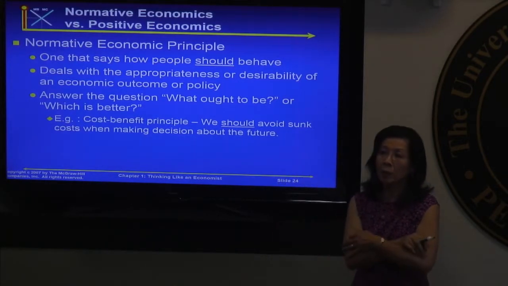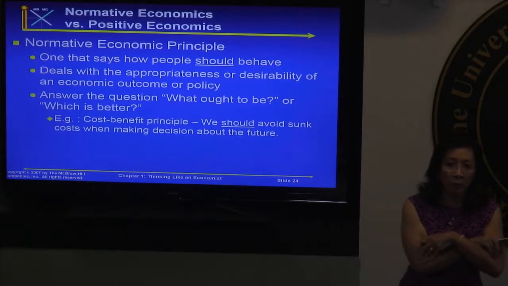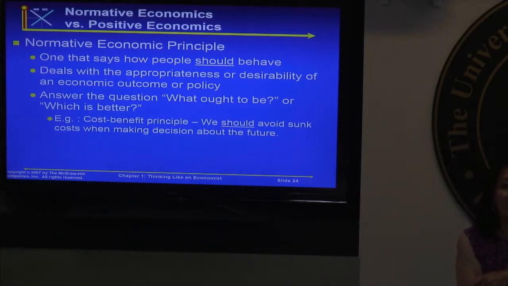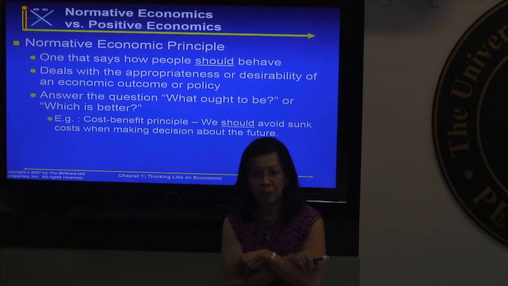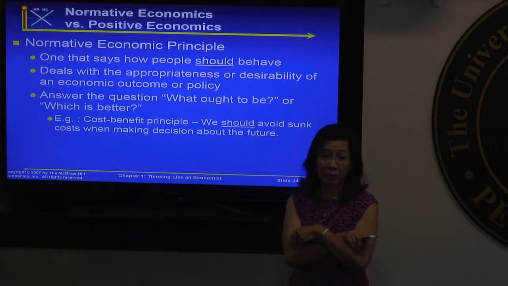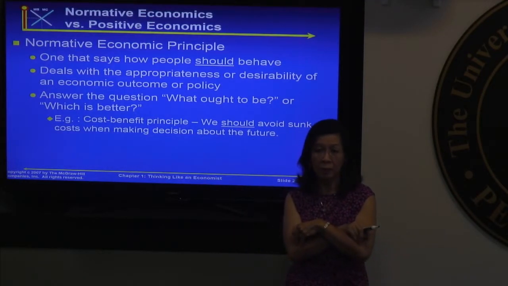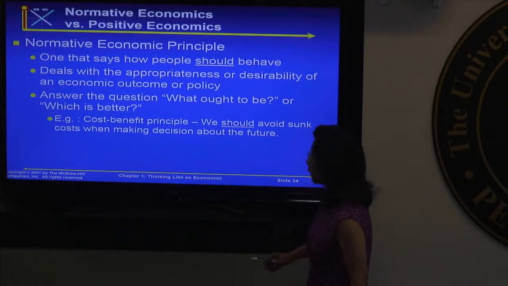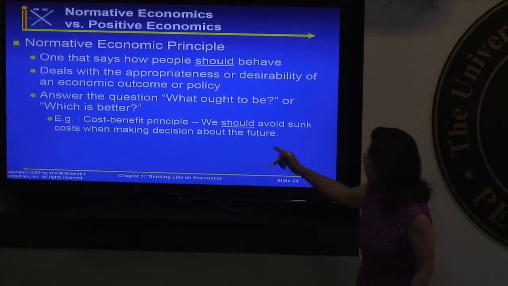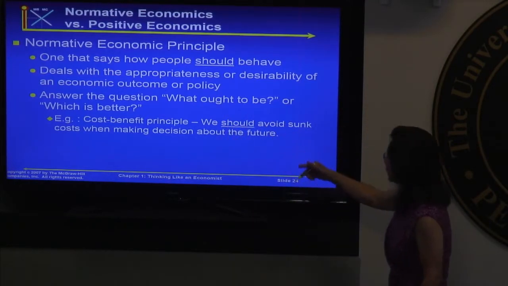But if you say, if we were to increase the tax by 0.125%, next year we would have collected 5.5 billion of tax revenue in return. Now that's positive economics, because you put in more numbers, you have a more concrete example. You answer the what question. So this one is ought to, which is better.